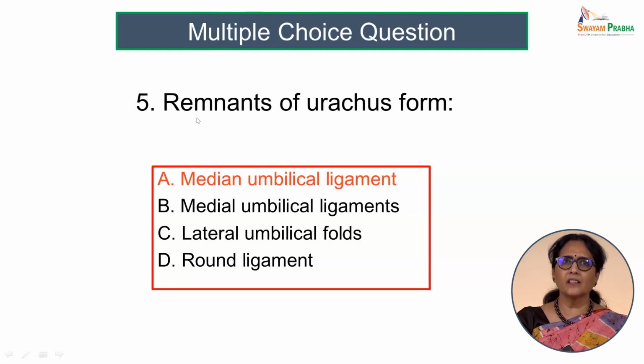So the correct answer to this question, remnants of urachus form, is median umbilical ligament. Urachus distal part generally degenerates to form median umbilical ligament, while the proximal part is absorbed to form the apex of urinary bladder.